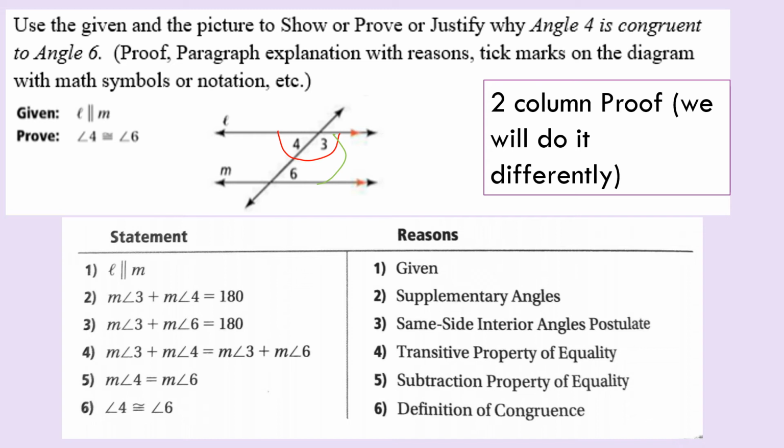For step 4, we are taking our measure of angle 3 plus measure of angle 6, and we're plugging it into 180, and that is a transitive property.